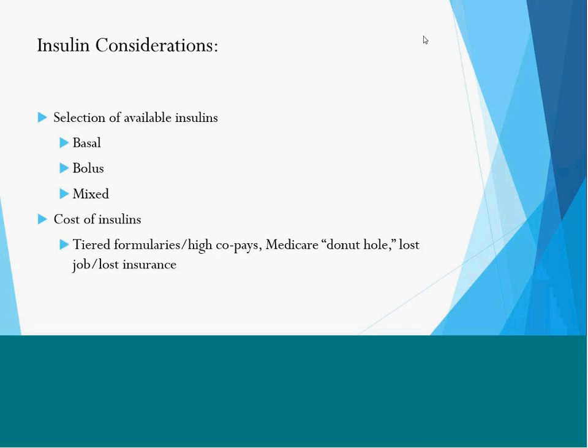A lot of patients in the donut hole have to calculate whether they can get insulin from Walmart, such as NPH and regular, because they can't afford it, or their insurance will no longer provide that insulin. So we have patients who have been on long-acting and mealtime insulin for years that they can no longer afford. They will stop their insulin.